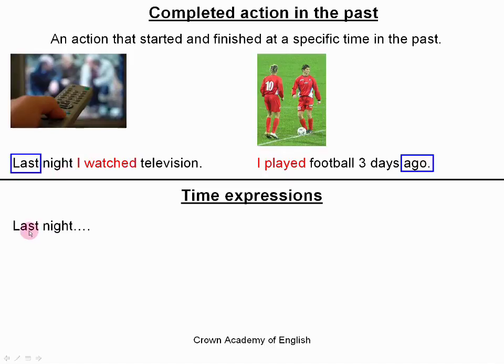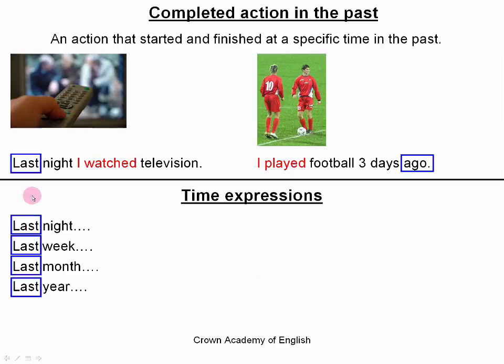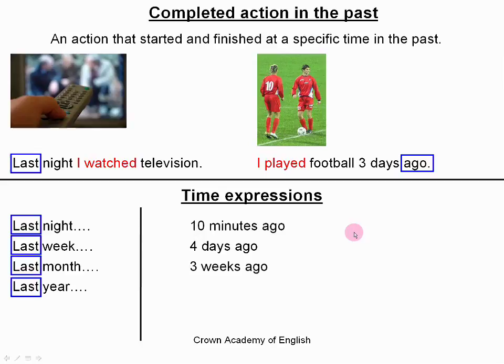And we can also say last week, last month, last year. Okay, so this is very useful. It's a very common expression. Last. And for ago, we can also say 10 minutes ago, 4 days ago, 3 weeks ago, a month ago, 2 years ago.